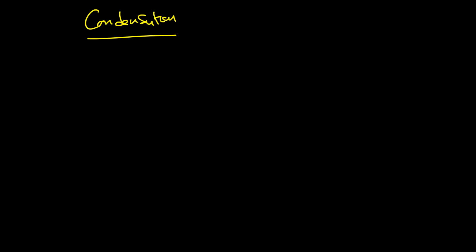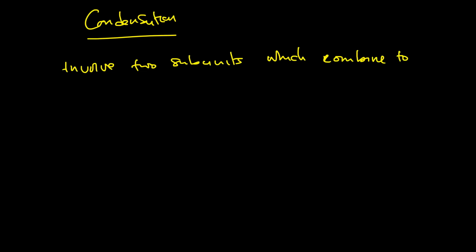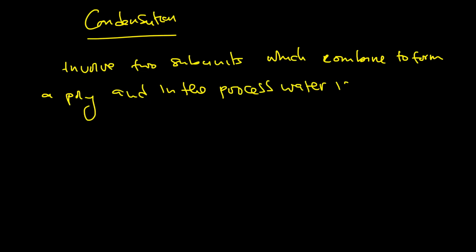A condensation polymerization involves two subunits which combine to form a polymer, and in the process water is eliminated.